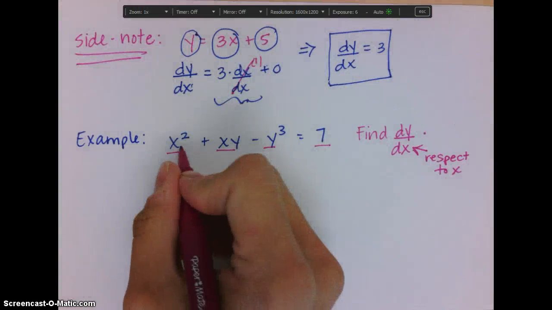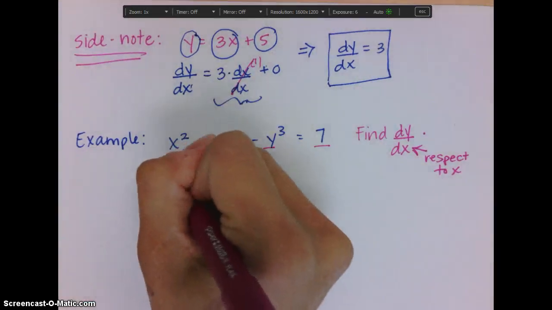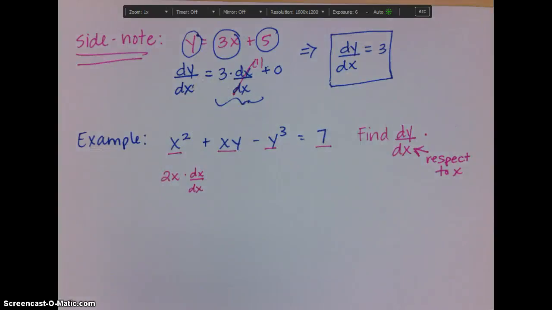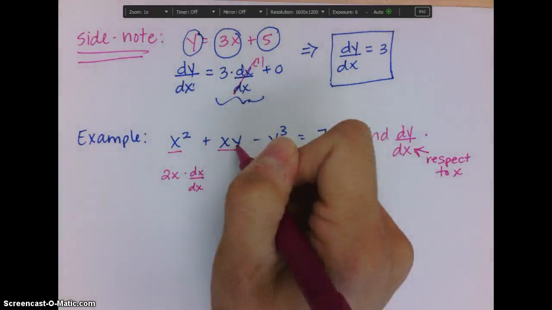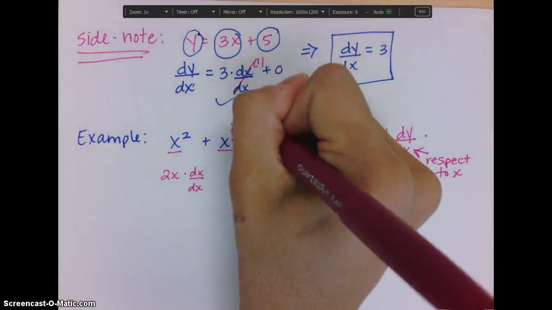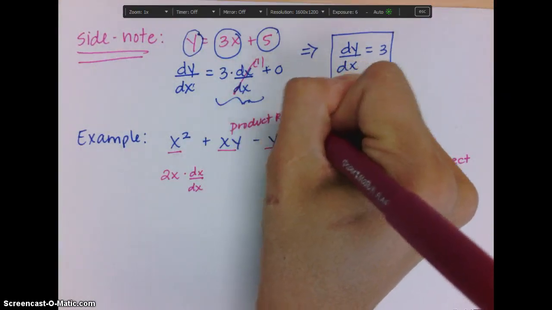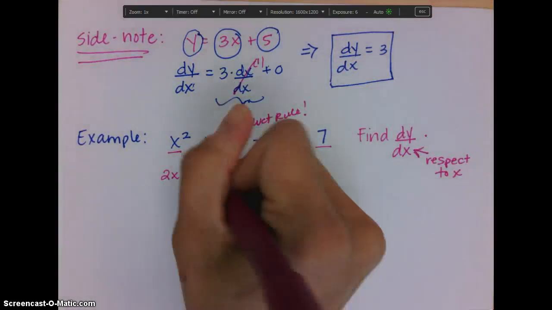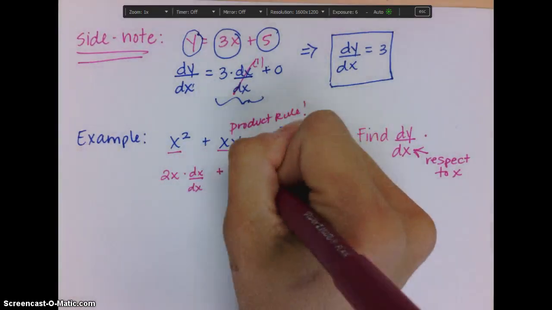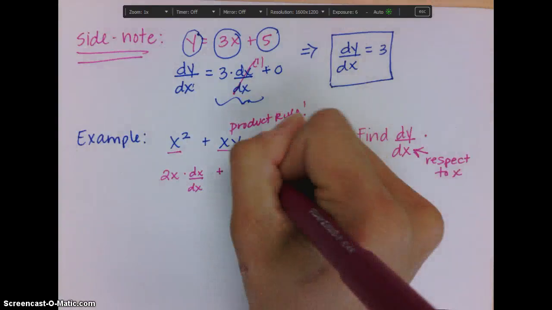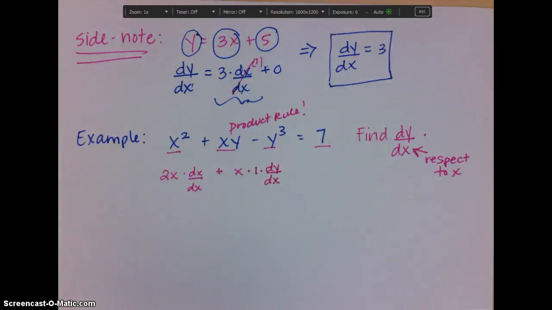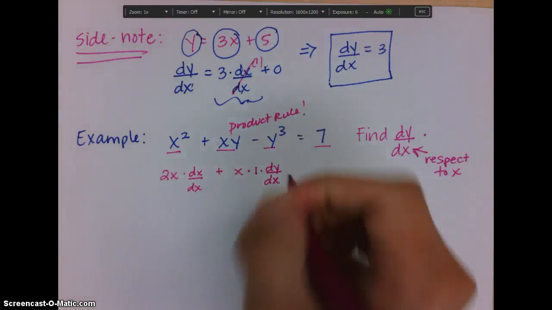Derivative of x squared is 2x. Took the derivative of x with respect to x. Here I need to take the derivative of this term, xy. That's a product rule. Alright, so I'm going to do the first term, x, times the derivative of the second, y, which is 1, except I need to show that I took the derivative of the variable y with respect to x.